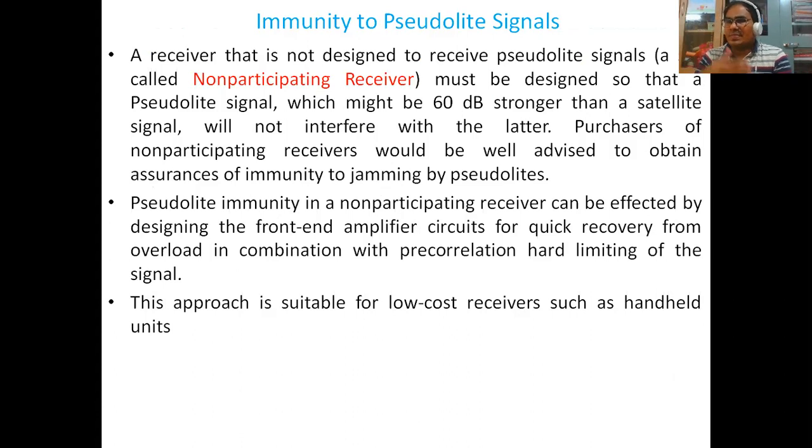So whoever purchases a non-participating receiver would be well advised to obtain assurances of immunity to jamming by the pseudolites. So whoever purchases this non-participating receiver must ensure that if the signal strength is more than 60 decibels above the intended GPS signal, it must be able to reject it.